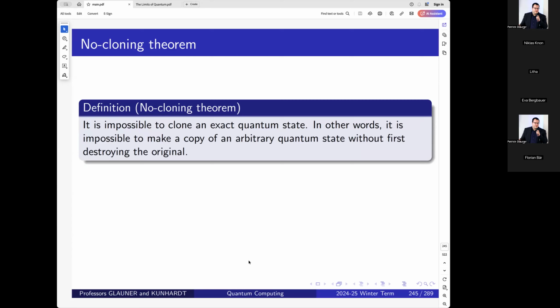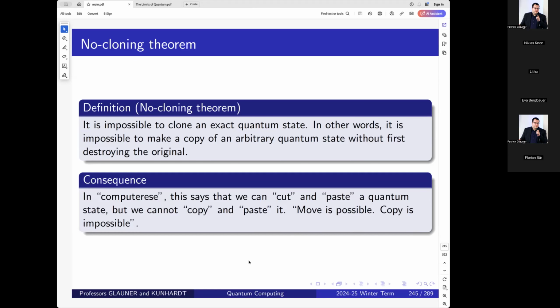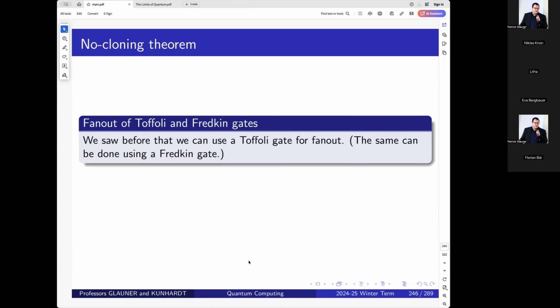So this will lead to limitations when we try to build quantum algorithms, because we cannot just copy-paste some values, at least not perfectly. Big consequence, and this is one of the reasons that severely complicates building new quantum algorithms, because one of the things we're so used to from classical algorithms is not available.